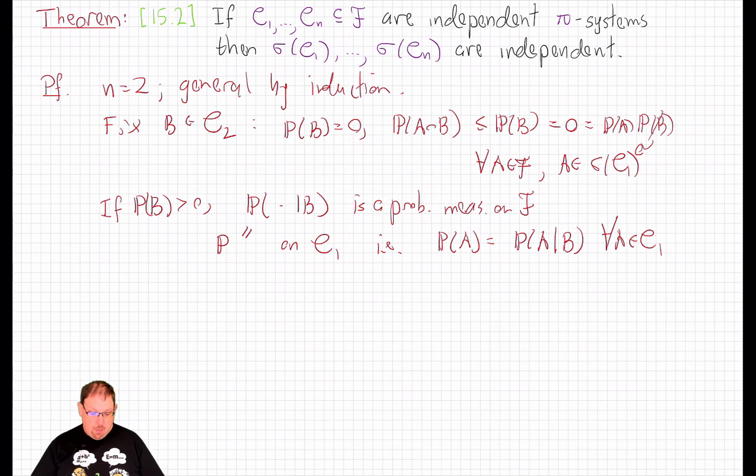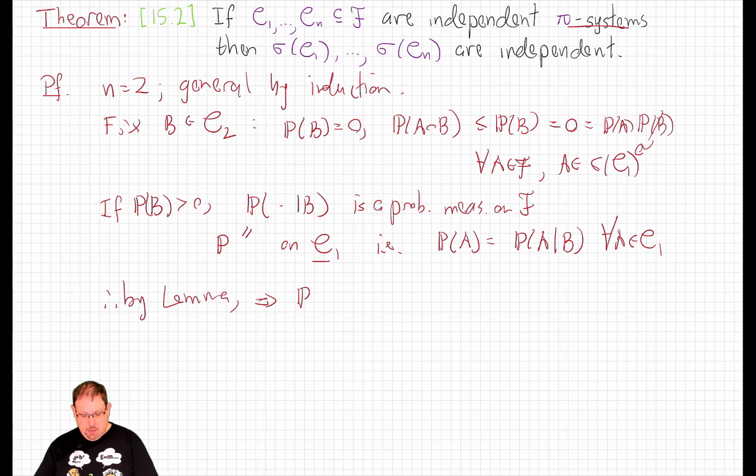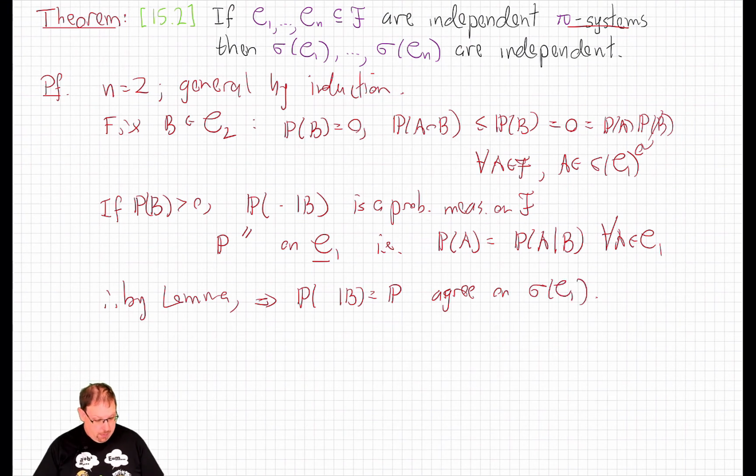So here I have two probability measures that agree on C1. C1 is by assumption a pi system, and so by the lemma, it follows that those two probability measures, the conditional probability and the original probability, agree not only on C1, but on the sigma field generated by C1.